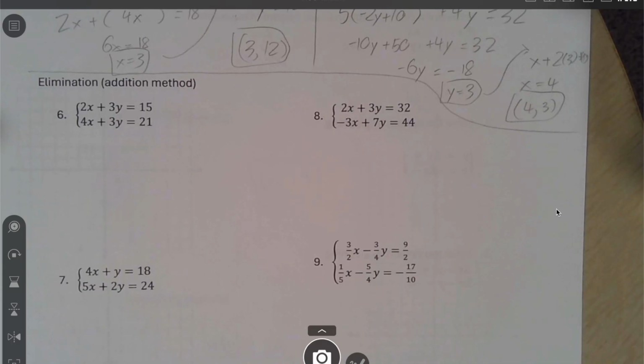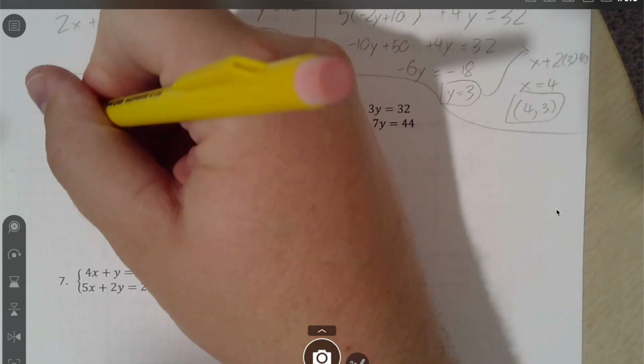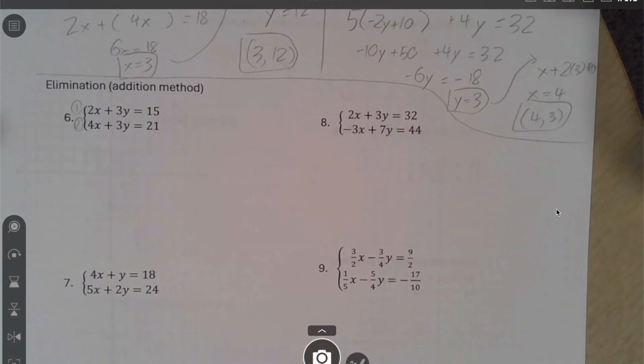Elimination, the idea is we're going to scale these equations in ways that produce the same value but opposite sign in equation 1 and equation 2, top or bottom equation. Let's see what we mean by that on this first one. We want to create the same value but opposite signs. And the thing about number 6 is, the 3's are already the same value.